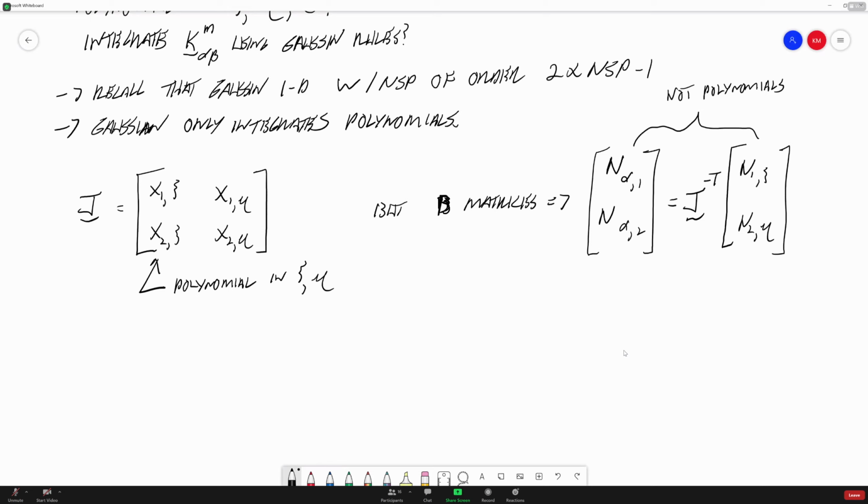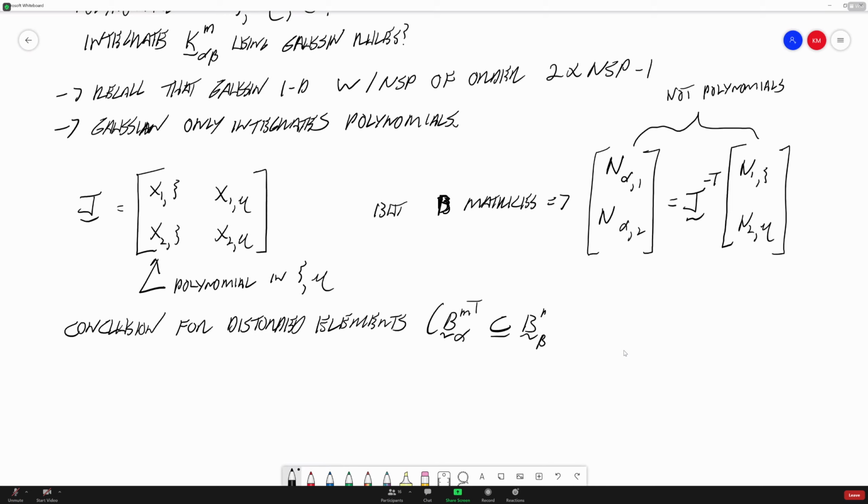So conclusion, for distorted elements, is our B matrix alpha, M transpose, stiffness matrix C, B matrix beta, M Jacobian.